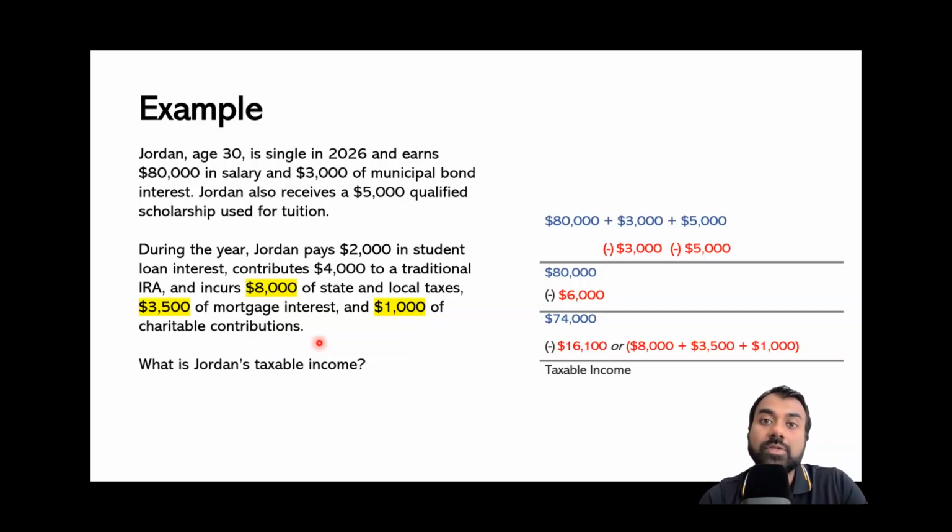So Jordan has two options. Jordan can either take the standard deduction amount. Again, we have seen that number before, that for single tax filers, for the tax year 2026, the standard deduction amount is 16,100, or they can itemize. Here for Jordan, it's 8,000 plus 3,500 plus 1,000, which in total is equal to 12,500.